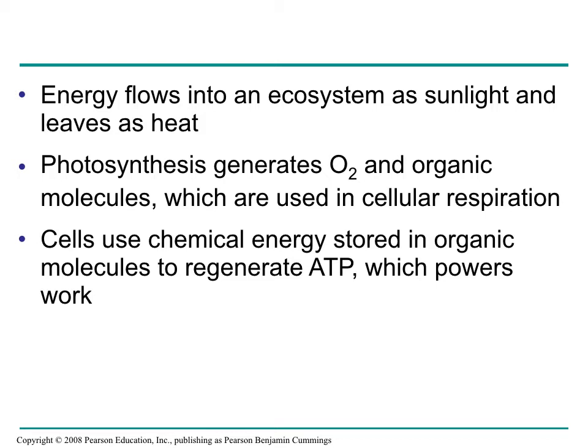Animal cells use glucose to generate ATP, and ATP is used as the currency to perform work within the cell. Plants can take oxygen and sunlight to make organic molecules such as sugar, which are then broken down in cellular respiration.